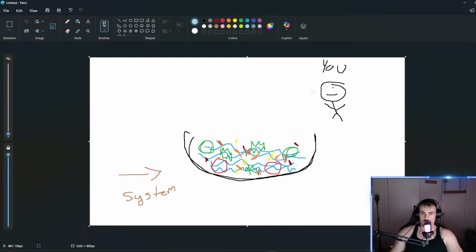I'm going to draw a big spoon here. The more you try the soup, the more you realize the things you do like and the things you don't like. And the things you don't like, well, you're able to remove. So let's say we remove cucumbers and tomatoes and carrots.